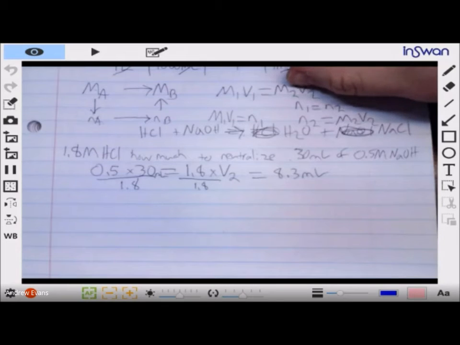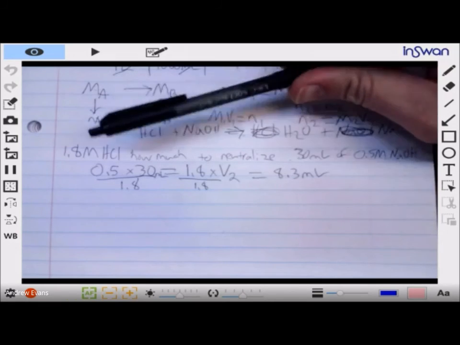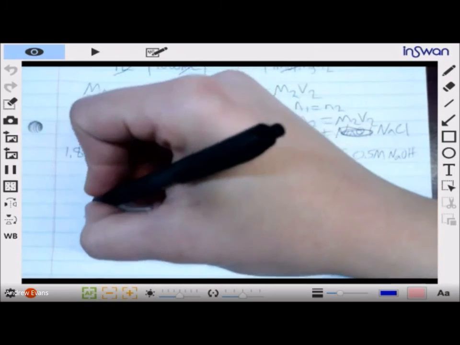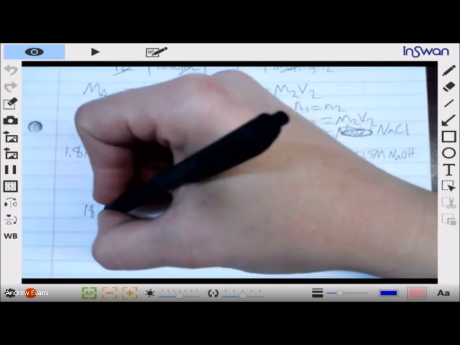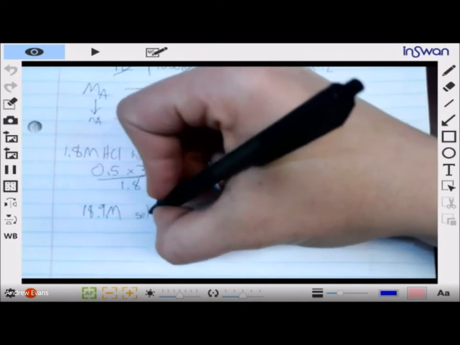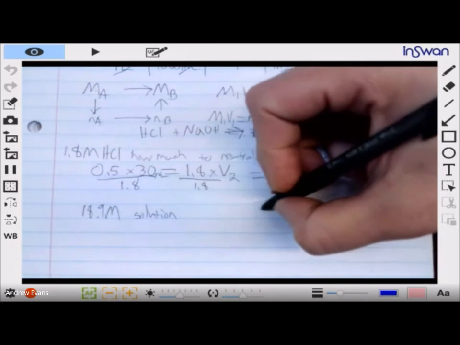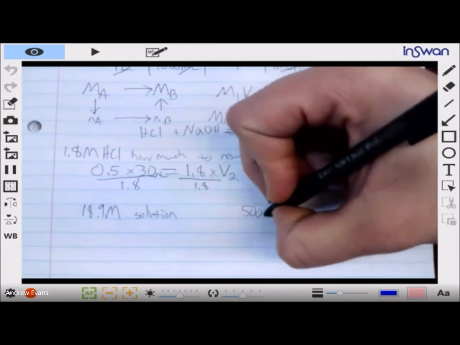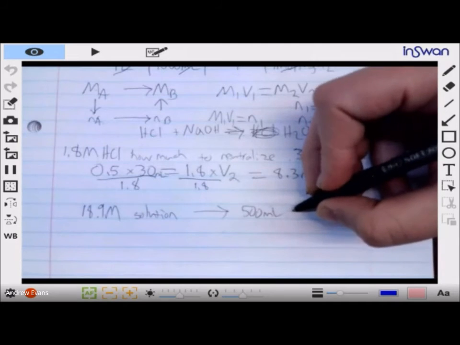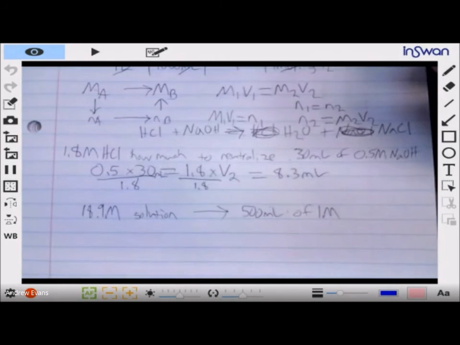Now, let's give one more practice problem just to make sure. If I have a 18.9 molar solution, and I want to make 500 mils of 1 molar, how much of the initial solution would I have to use?